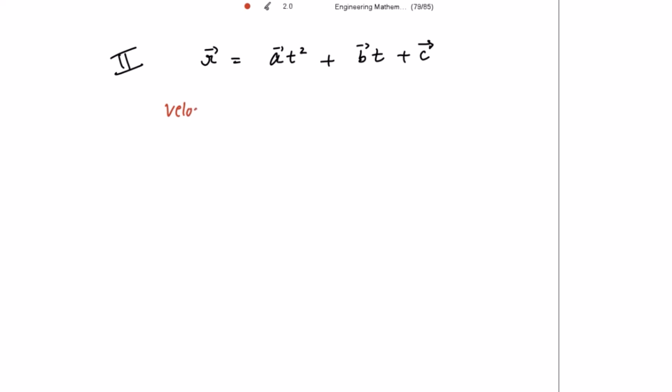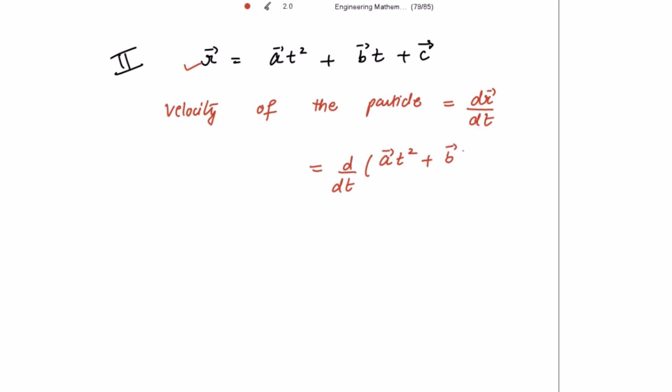What is the velocity of the particle? It is the derivative of r vector with respect to time t, right? So let's derivate this r vector with respect to t first. So we are calculating the velocity. A, b, c are constant vectors, right?